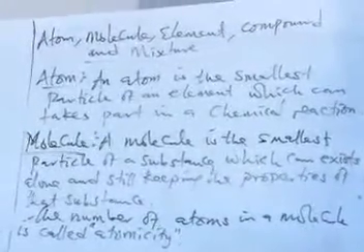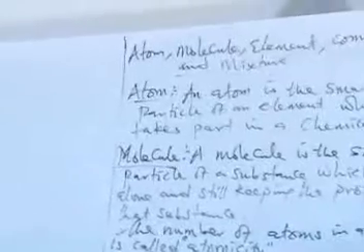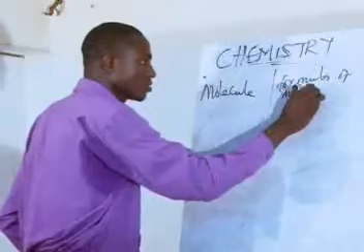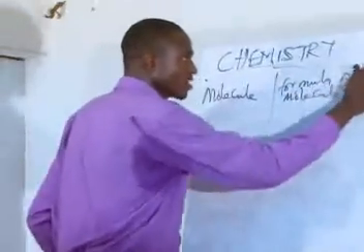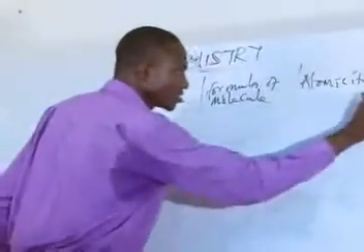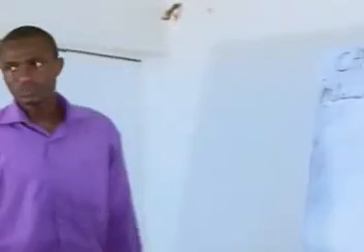Alright, this table here gives some of the differences between atoms and molecules. Here we have molecule, formula of molecule, and of course we have atomicity. Don't forget, atomicity is the number of atoms in a molecule of a substance.